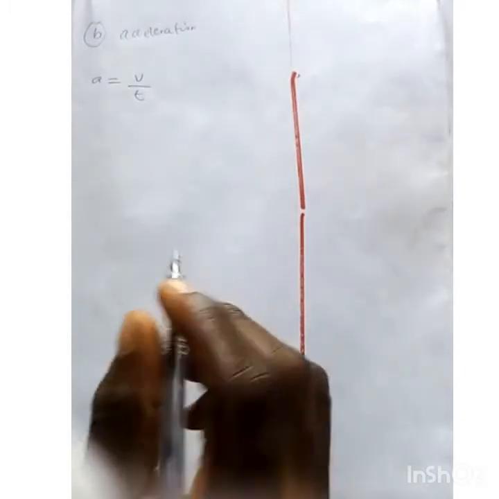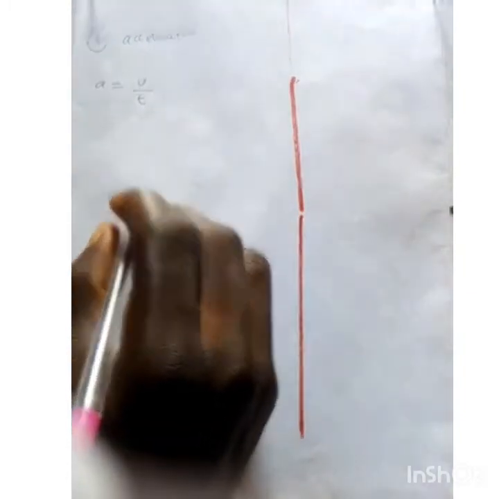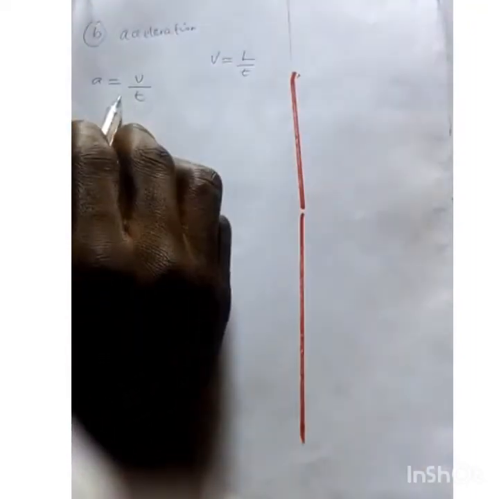The following process is what? Is to find the formula for velocity. And remember, formula for velocity, your v is equal to length all over time. Substitute length all over time into this equation.